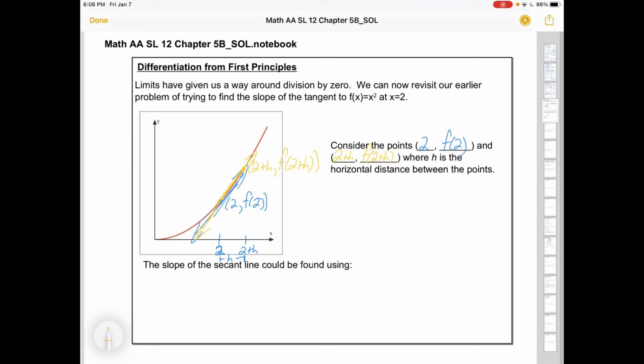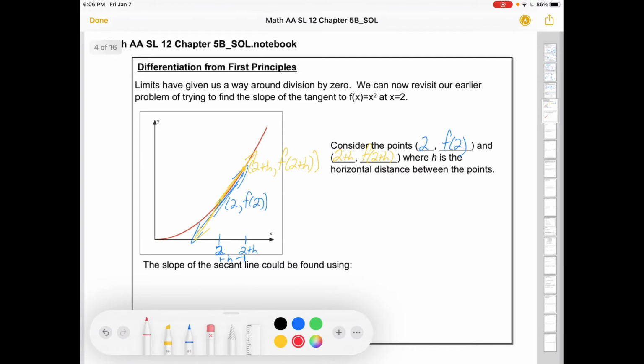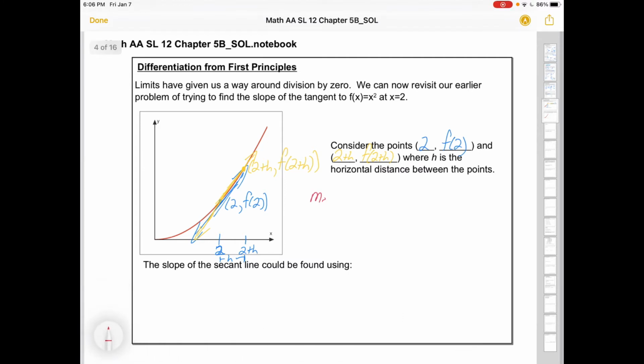Okay, the slope of the secant between them, I'm going to change colors just so it's easier to see. Slope of the secant is going to be y2, or f of 2 plus h, minus y1, which would be f of 2. So if we were to label these, here would be x1, y1, x2, y2.